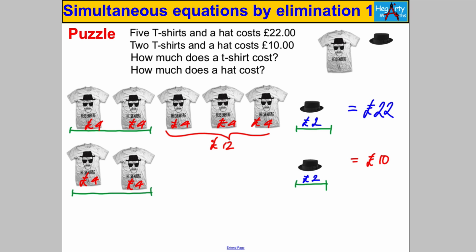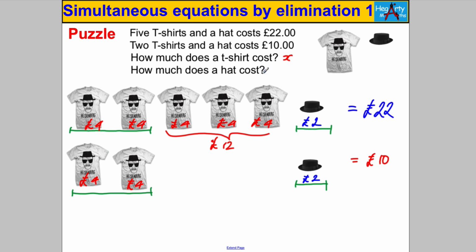Now, we are going to start solving these problems using algebra, because I gave you a very simple example here that you could use a picture to draw. But in general, I'm going to give you much more complicated cases where you can't just draw a picture. So what we're going to do is give a variable or a letter to an unknown that we don't know. We want to know how much a t-shirt costs. Why don't we call that x?